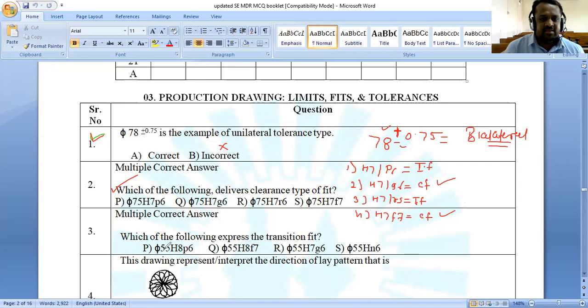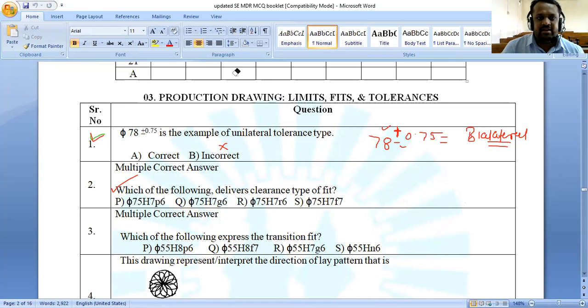Then again, the same example, they have asked the transition fit. Okay, then tell me how to identify it. So first of all, I will write down here so that it will become better. First is H8 slash P6.